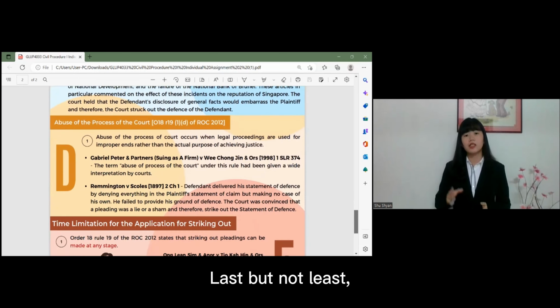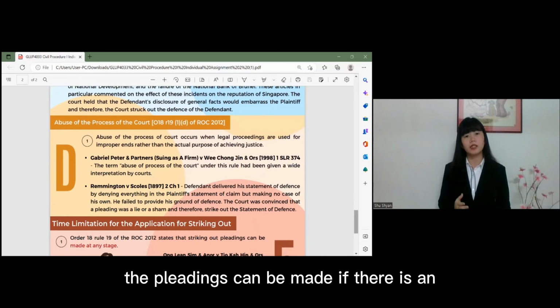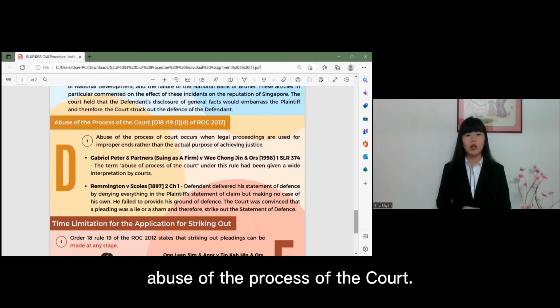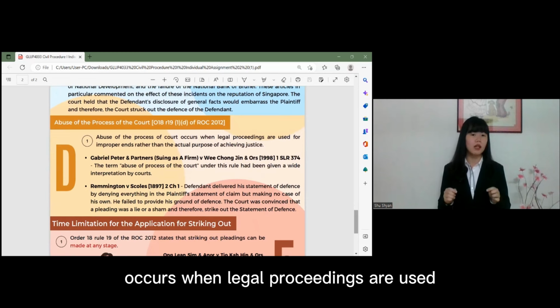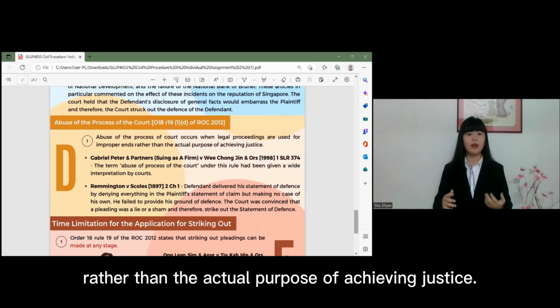Last but not least, the application to strike out the pleadings can be made if there is an abuse of the process of the court. Abuse of the process of courts occurs when legal proceedings are used for improper ends rather than the actual purpose of achieving justice.